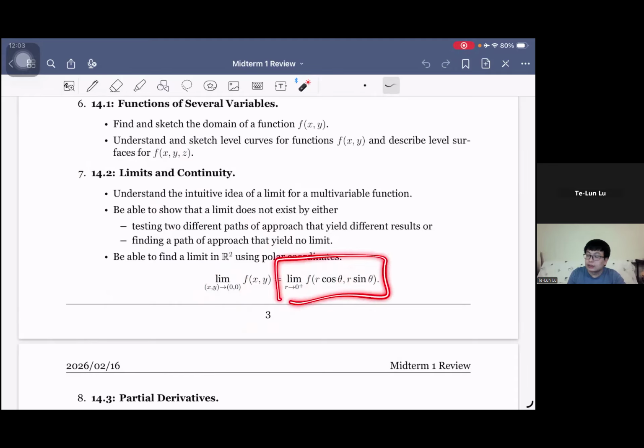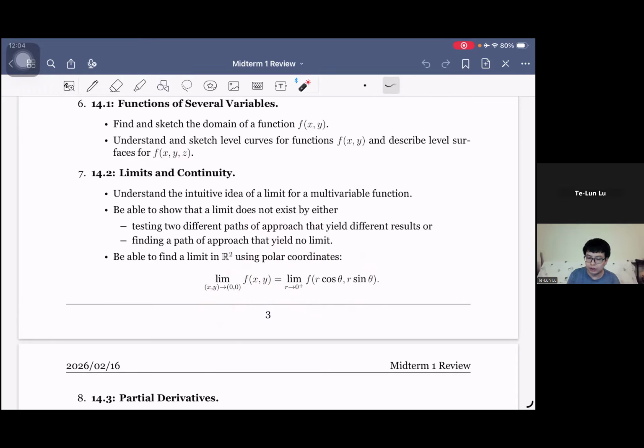Whenever this expression does not depend on theta, then that is the limit for this function. The limit not depending on theta means that you're going towards the origin in different directions. Whatever theta is, whatever path you choose, you still have the same limit. So as long as you can compute this using a one-dimensional limit and get some number which is independent of theta, that will be the corresponding limit of this two-dimensional function towards the origin.